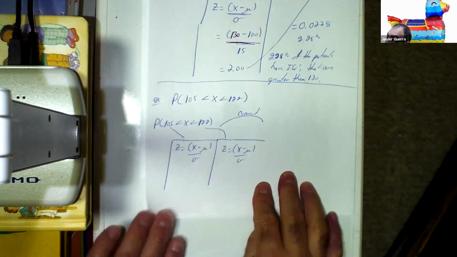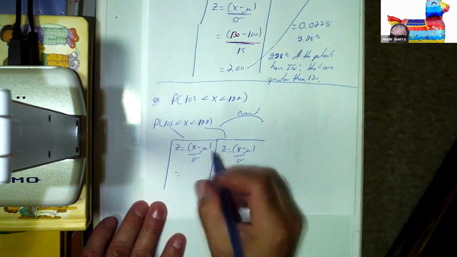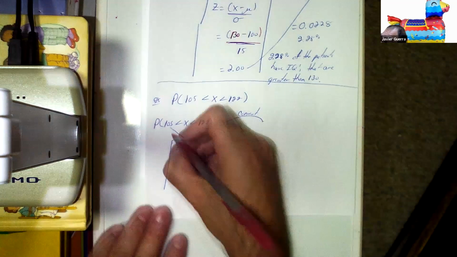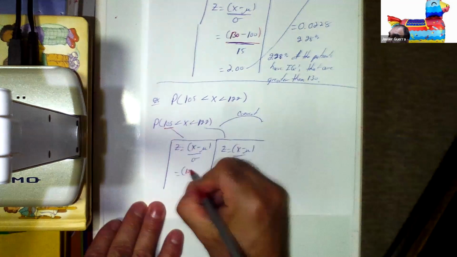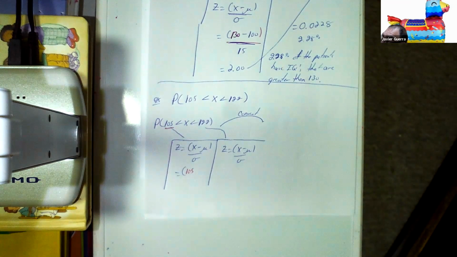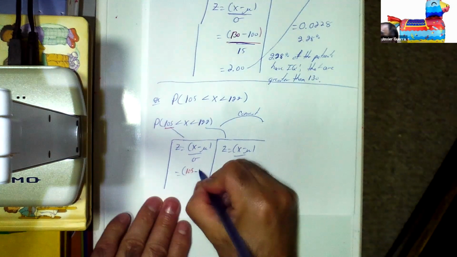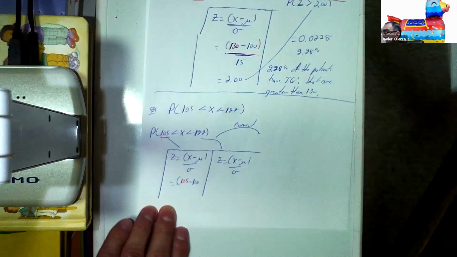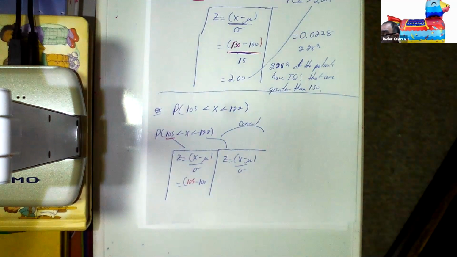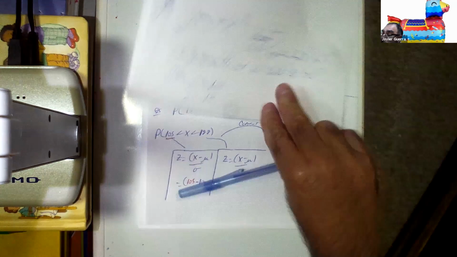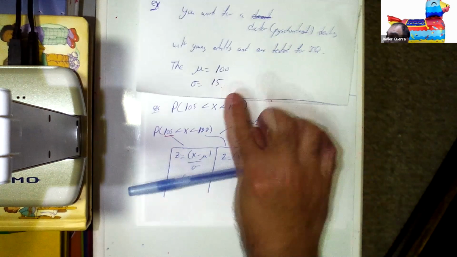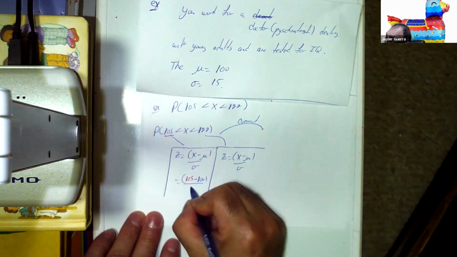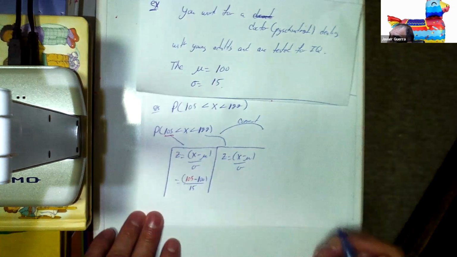And let's plug it in. Here's my 105, minus 100, because that was my mean, right? My initial mean was 100, and my standard deviation was 15, right? Divided by 15.